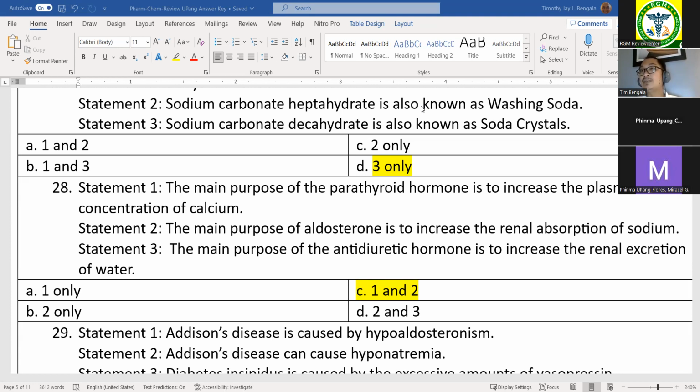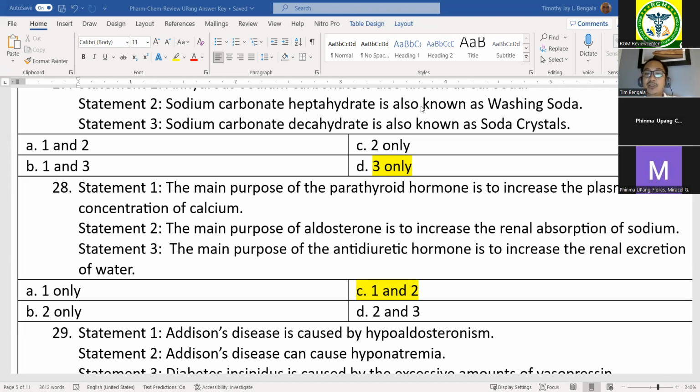Now, afterwards, sasabihin din niya, urines, please reabsorb calcium, but please discard phosphate. So, yung calcium yung reabsorb, yung phosphate yung itatapon para hindi na nga sila bumalik sa buto. Okay, so yun yung main goal ng parathyroid gland or parathyroid hormone.